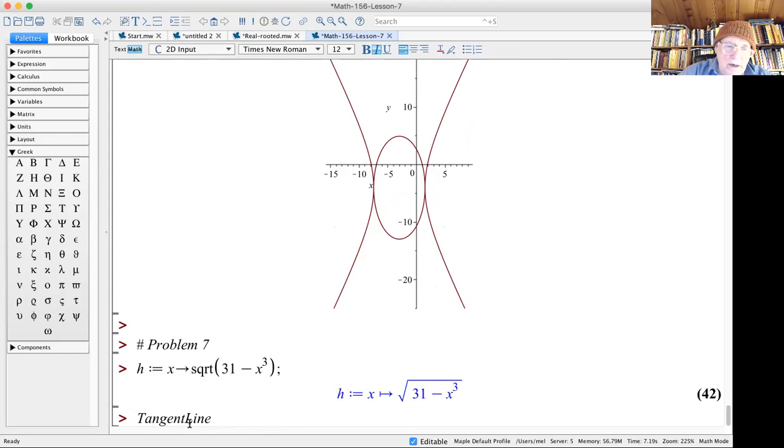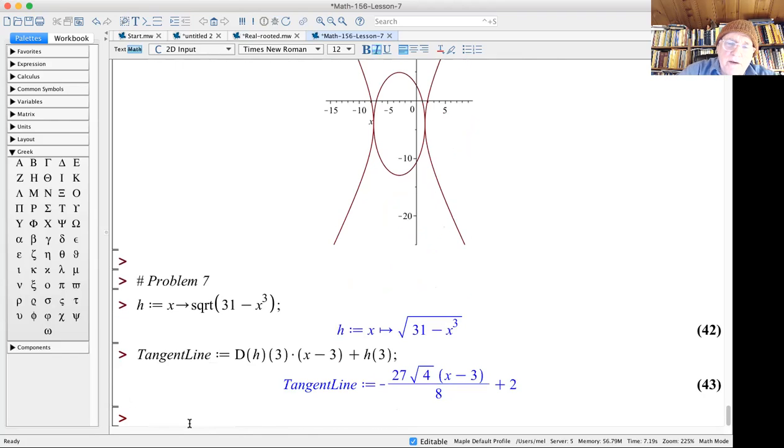And the tangent line, that's the line at x equals 3. I take the derivative of h at 3 times x minus 3 plus the value of the function at 3.